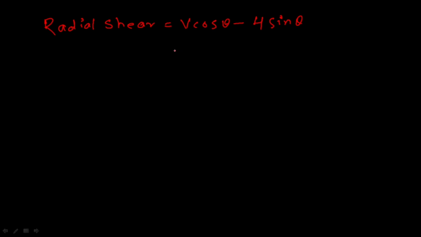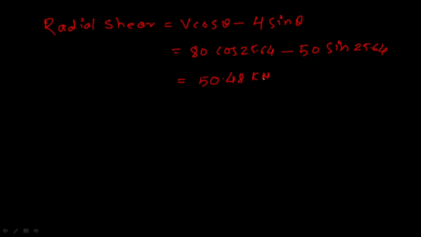Here we have all the values: V is equal to 80, cos 25.64, minus H is equal to 50 and sin 25.64. So we got the value 50.48 kilonewton. That is the Q.